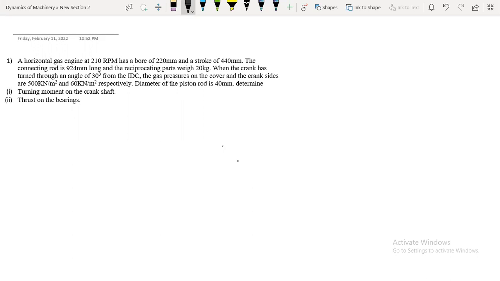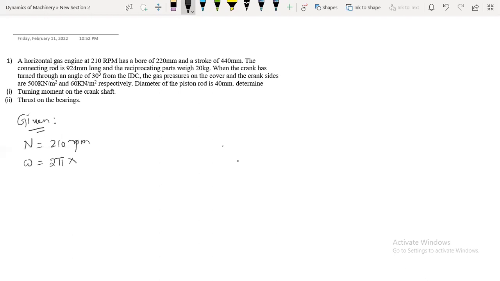Okay. So first let us write down the given data. So he has given the speed, that is 210 rpm. So from this we are going to find out what is omega.